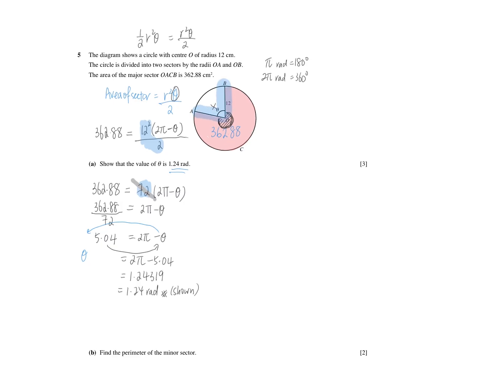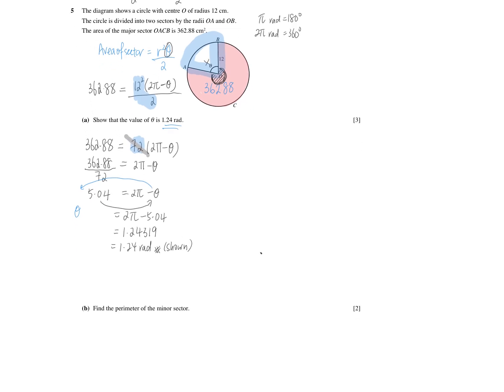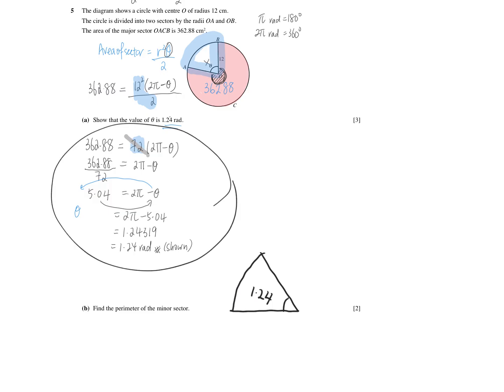You must put the radius formula, then you find the part, then you plus strong. Okay. So if I draw out that piece, I know this is 1.24. If this part you cannot show, is okay. You can use the 1.24 to continue with the question. Don't miss out on the part B.